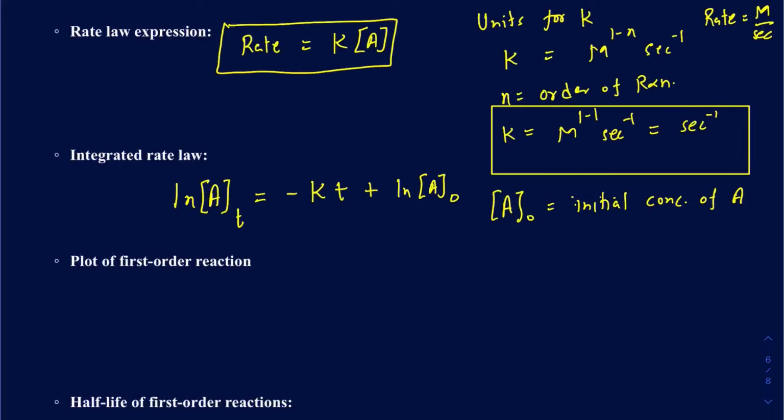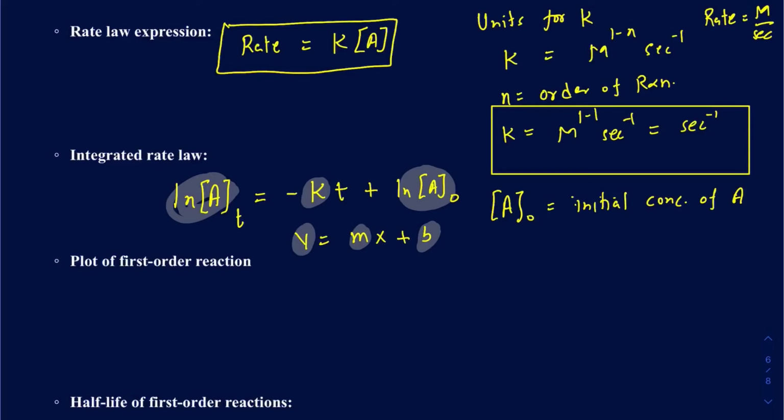And if I relate this equation to a slope line equation, that's going to be y equals mx plus b. What that means is this y is going to be the natural log of A_t here. Your slope m is going to be given by the negative k here, and then your y-intercept can be used to calculate the initial concentration, or the natural log of A_0 there.